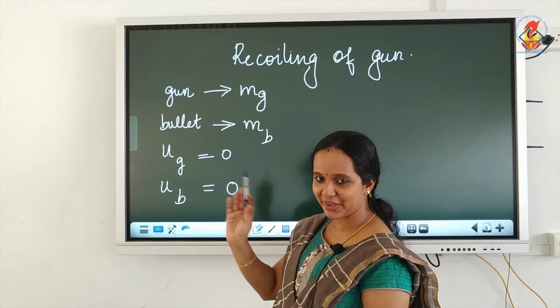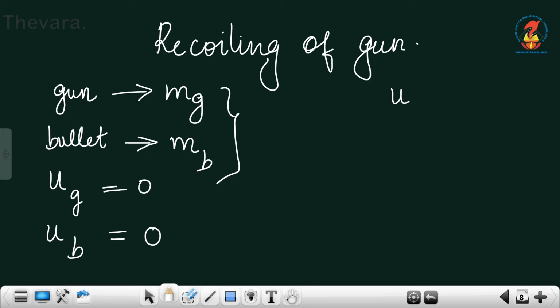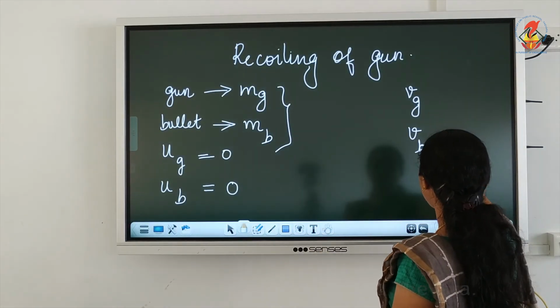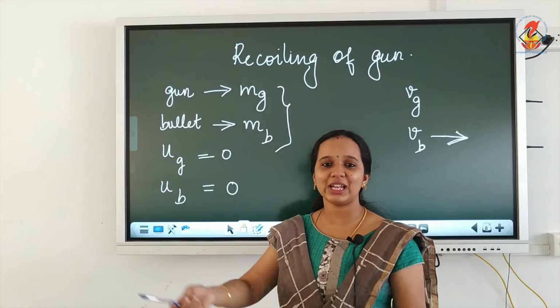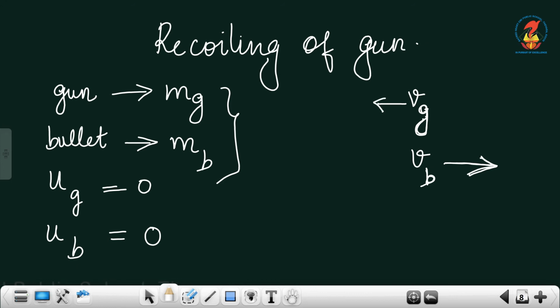After the bullet is fired, their masses remain the same, but the gun will recoil. When it is fired, the bullet attains a velocity Vb in the forward direction, and according to Newton's third law, when the bullet moves forward, the gun recoils in the backward direction. So the gun attains a velocity Vg in the backward direction.